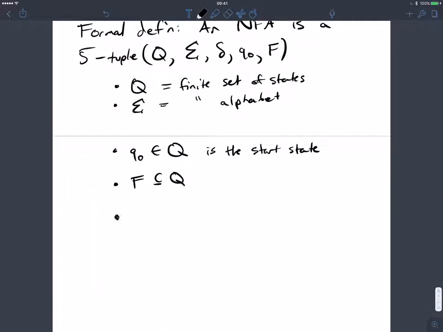So let's define the transition function. It's not going to work the same as before.